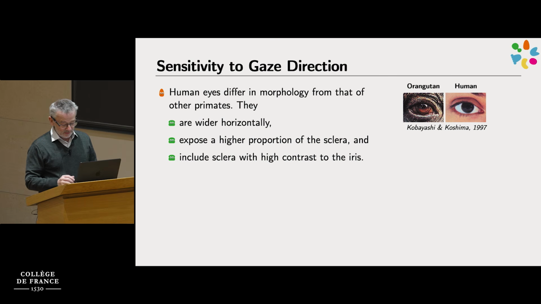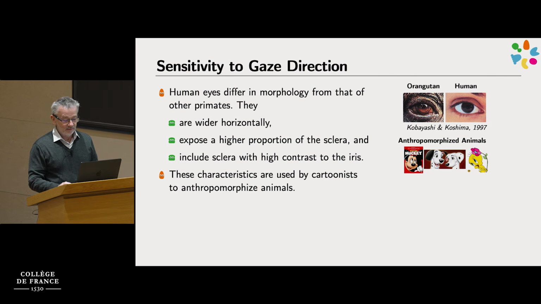And so this is human specific, and we know that because Hollywood cartoonists actually use these features to anthropomorphize animals. These animals usually don't have this large white sclera, at least not visible, in real life.